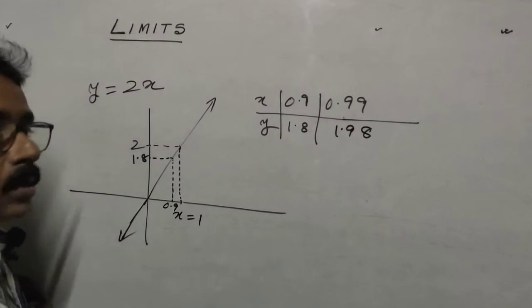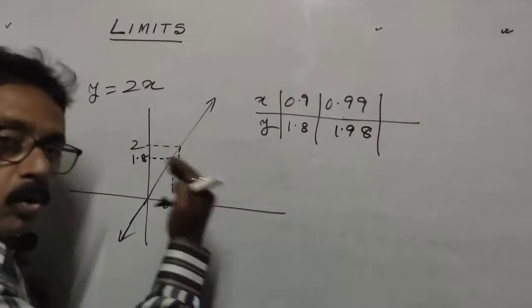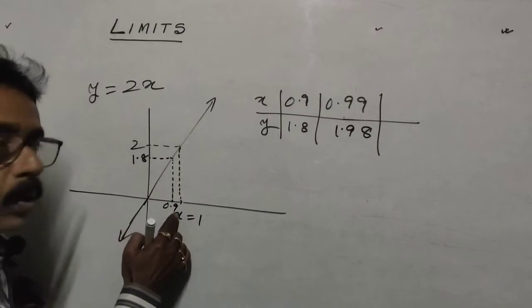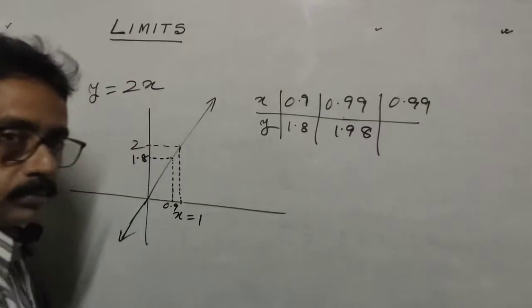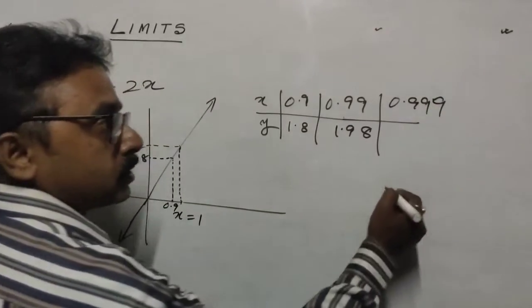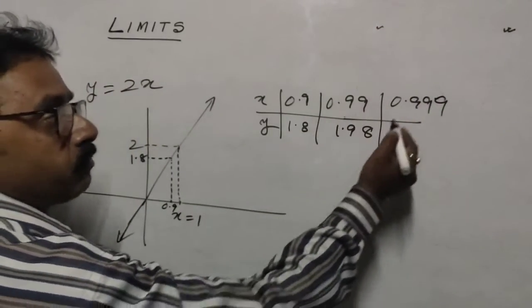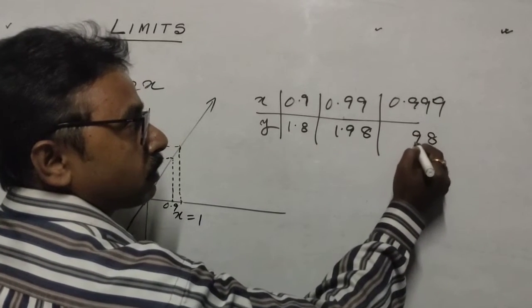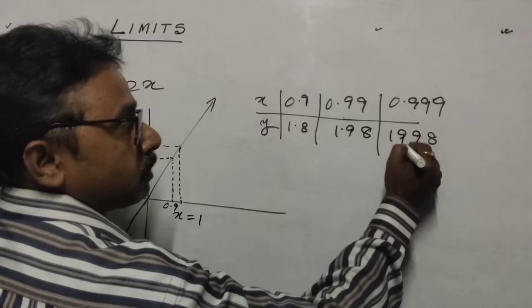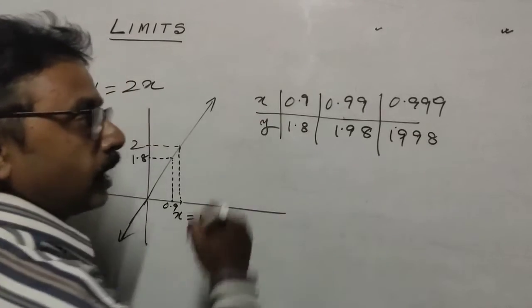1.98. Now let us take more close to the point x equals 1, say 0.999, and for this value of x, the value of y is coming 1.998.